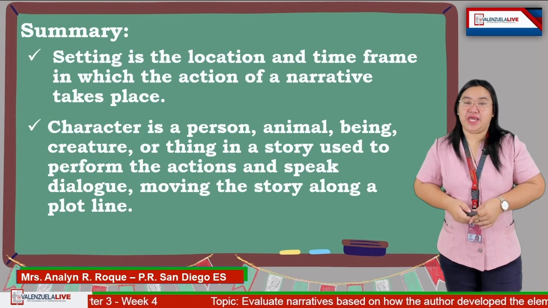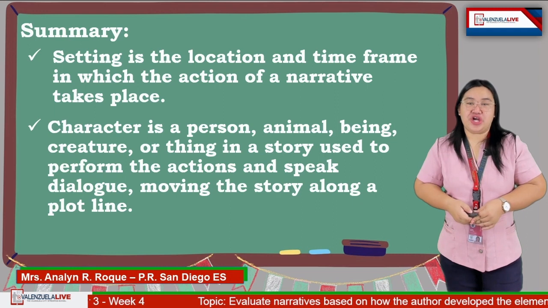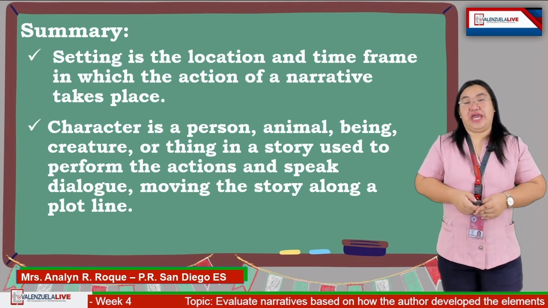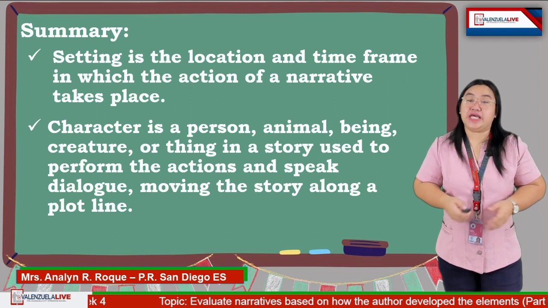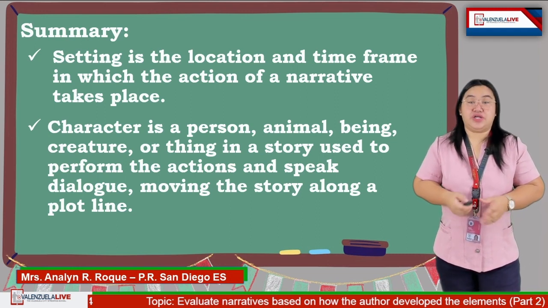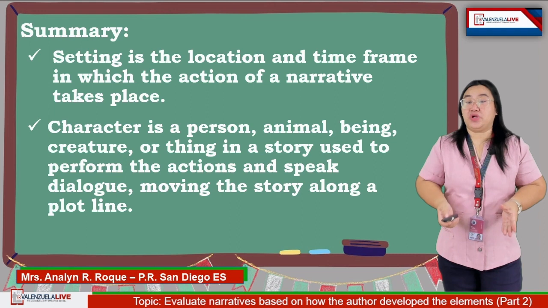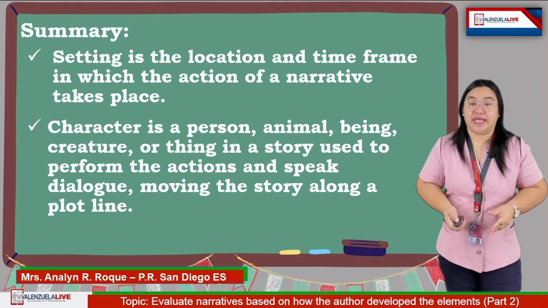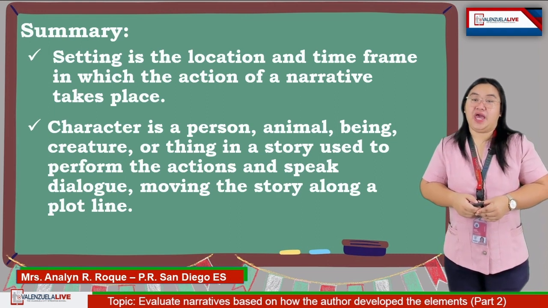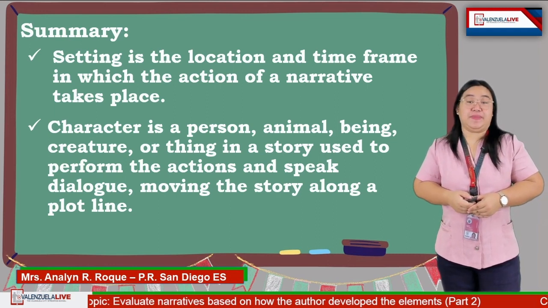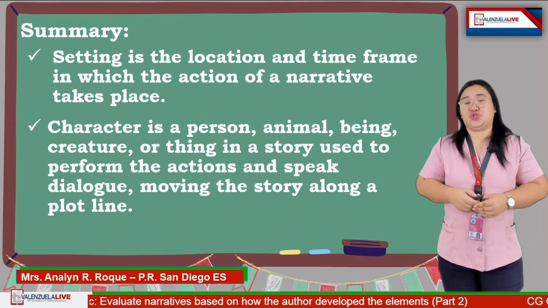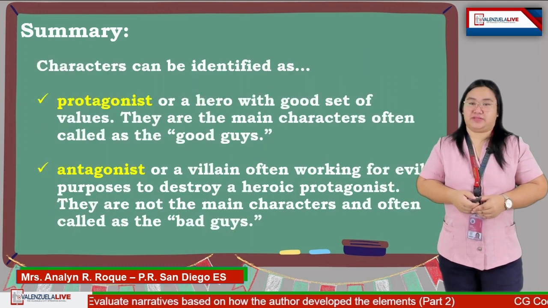In summary, today, we learned that setting is the location and time frame in which the action of a narrative takes place. A character is a person, animal, being, creature, or thing in a story used to perform the actions and speak dialogue, moving the story along a plotline.